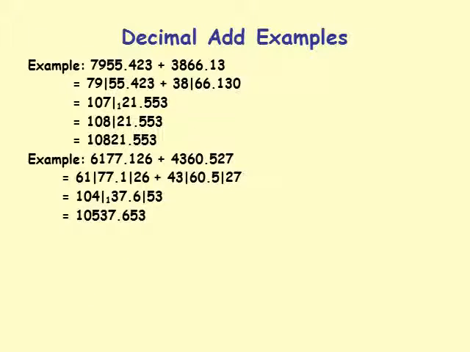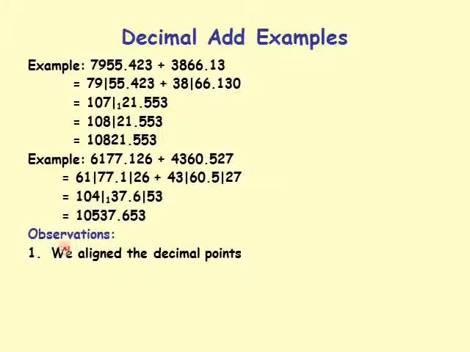After we resolve the carry, it's 10537 decimal 653. We added these two numbers together, flags matched, 6177 decimal 126 plus 4360 decimal 527, and the answer is 10537 decimal 653. Let's continue.